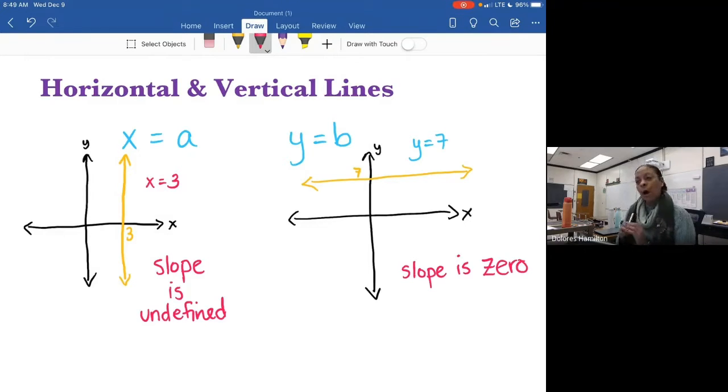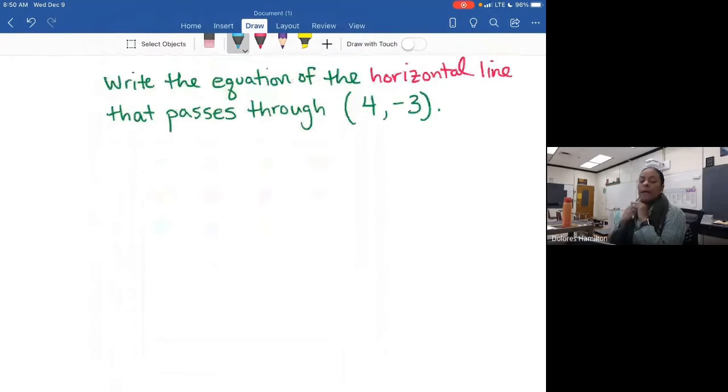So let's do a couple of examples that use horizontal and vertical lines, and then we'll do examples for all of our non-horizontal and vertical equations. Let's look at this first example. We're asked to write the equation of a line, and it's a horizontal line that goes through the point 4, -3.